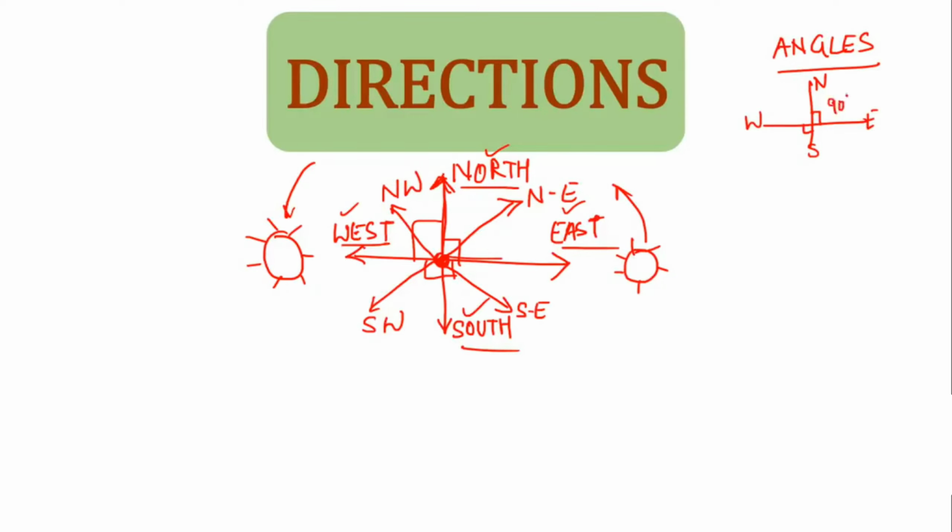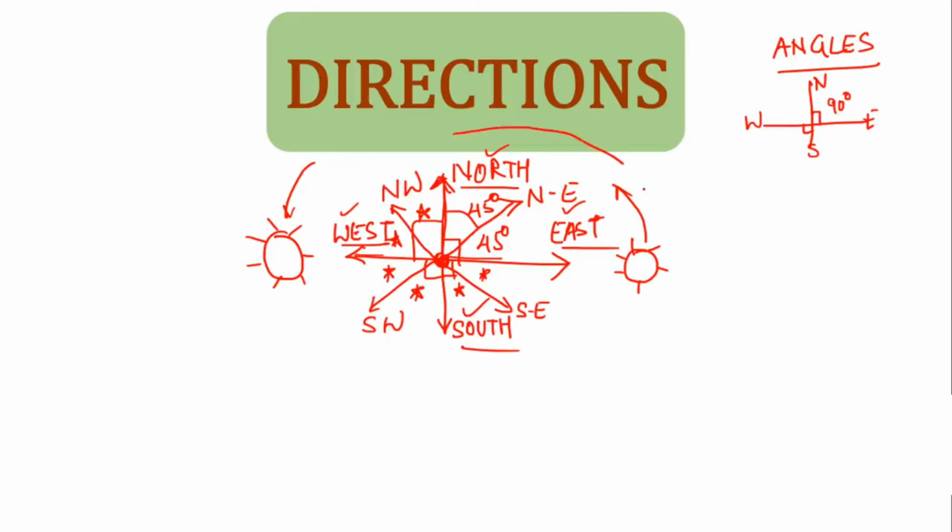Now the angle between north and northeast, that is this secondary direction, it is 45 degrees. Same way this will be 45 degrees. All these smaller angles, that is the angle between the main direction and the secondary direction, are 45 degrees. So 45 plus 45 makes up 90 degrees.